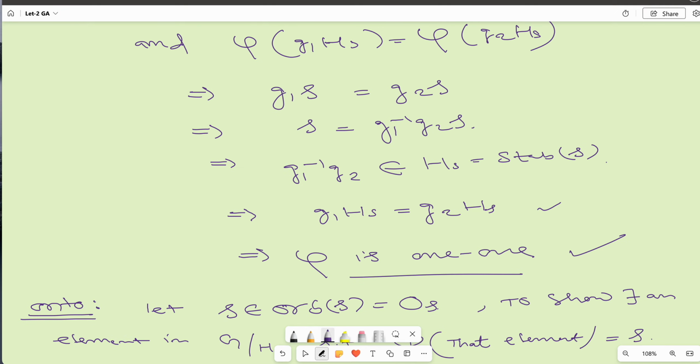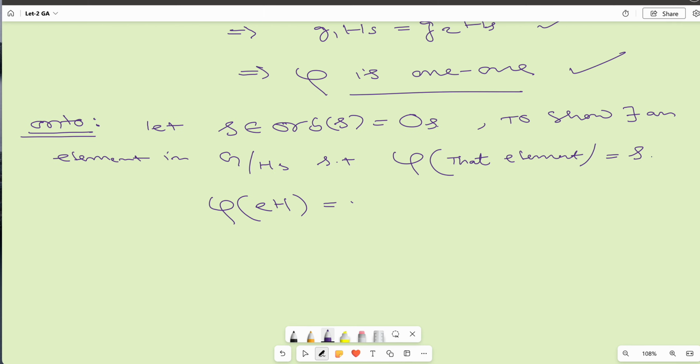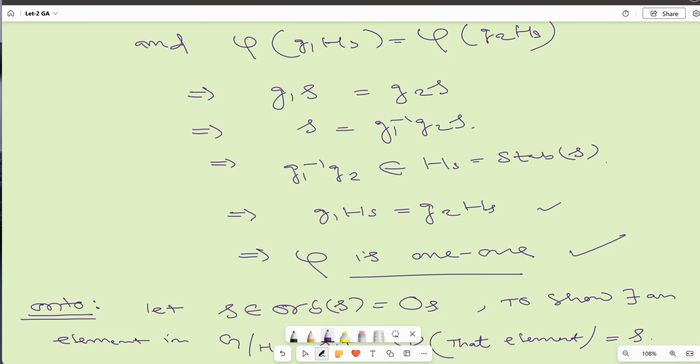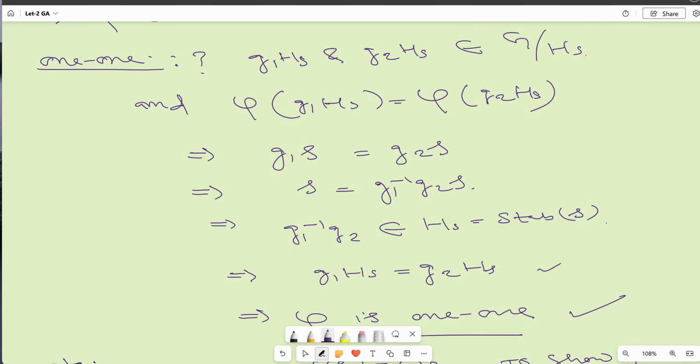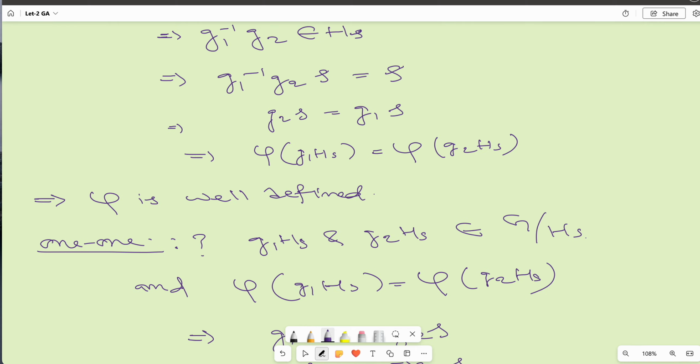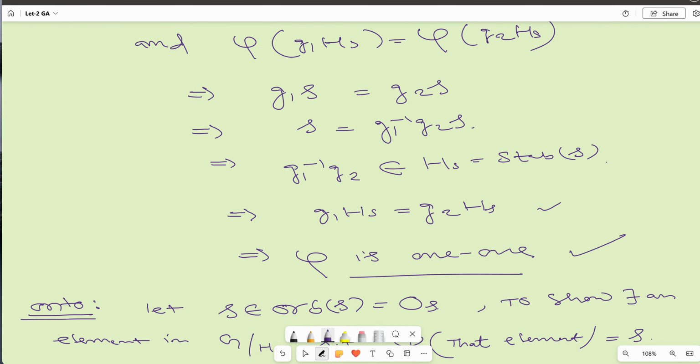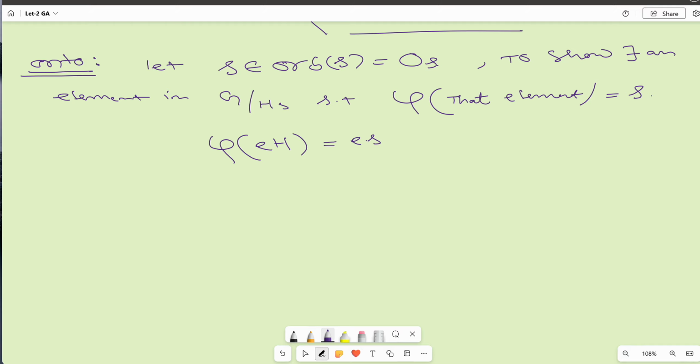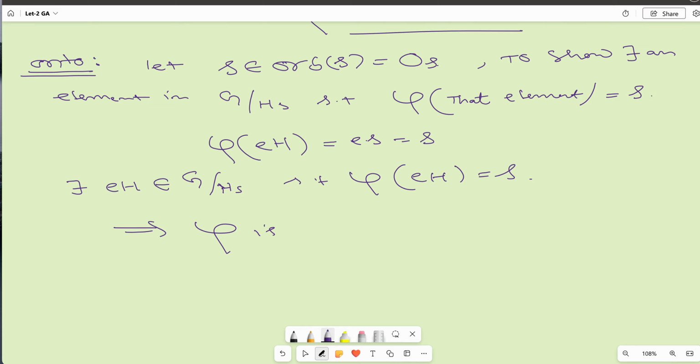It is E of S. The map is G1 of S, so E of S, which is equal to S by the property of an action. So phi of identity of S. So there exists EH inside G mod HS such that phi of EH is equal to S. So this implies that phi is onto.